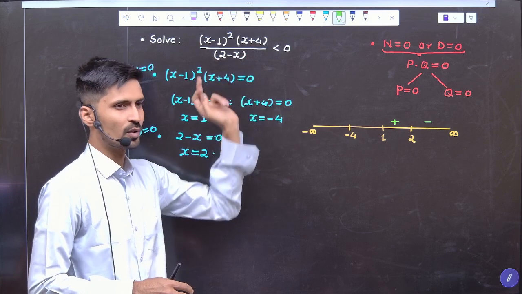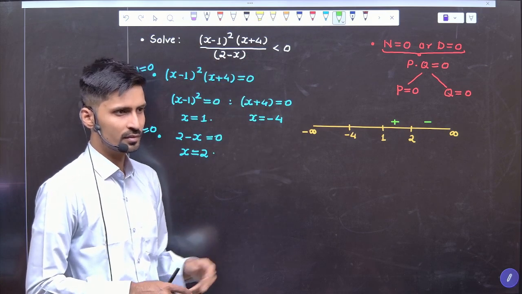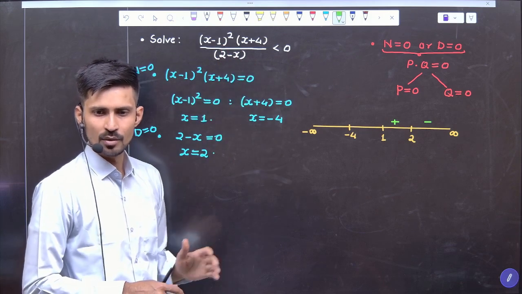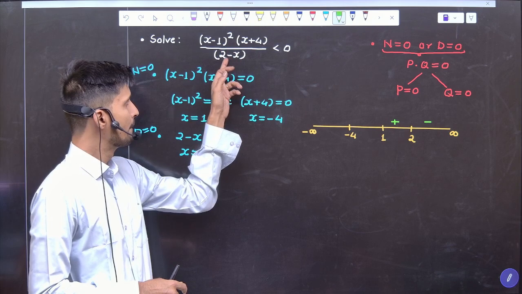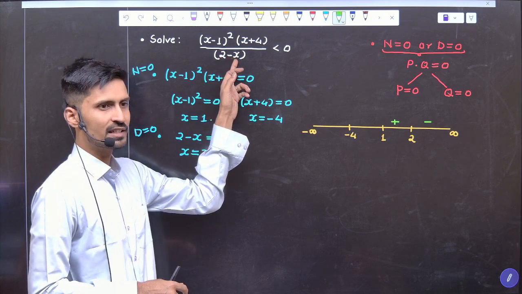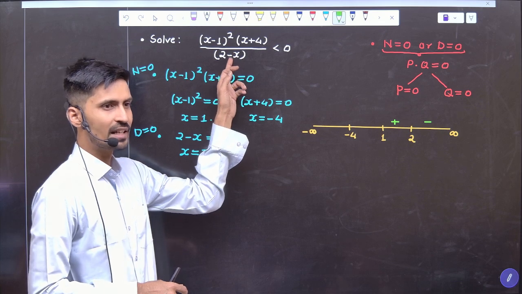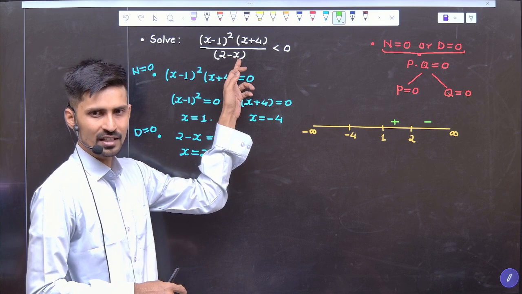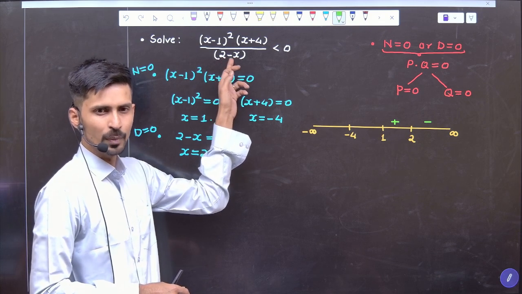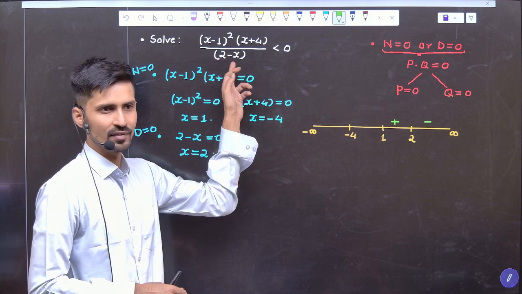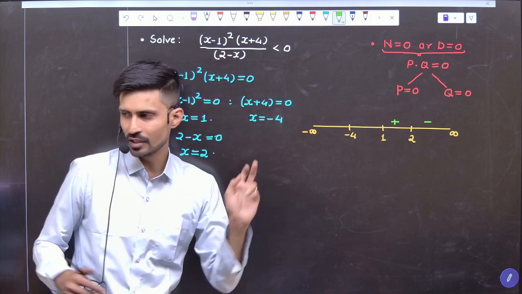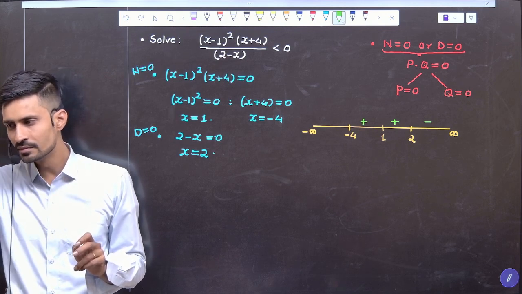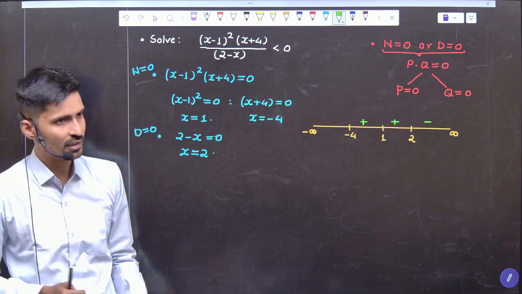Minus 3 plus 4 is 1. 16 positive, 1 positive, 16 into 1 positive. 2 minus minus 3 is 2 plus 3, 5. Positive by positive, what will it become? Positive.